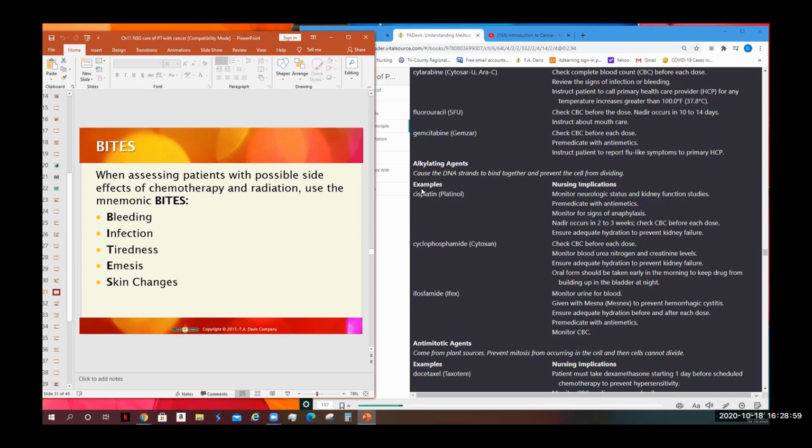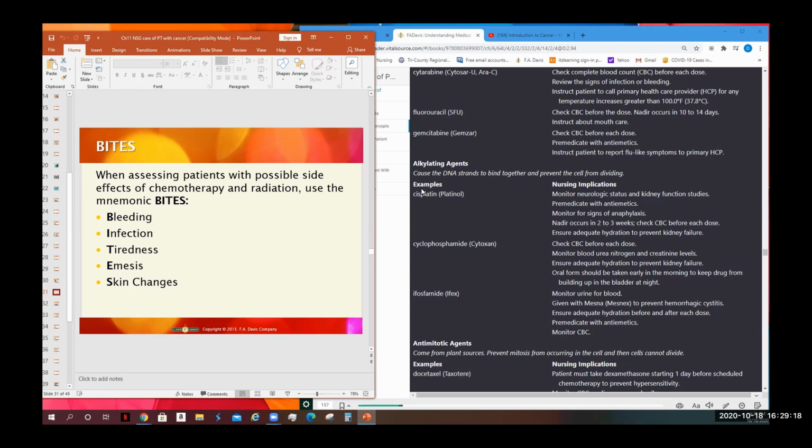You'll pre-medicate with antiemetics, monitor for signs of anaphylaxis, and nadir occurs in 2 to 3 weeks. You will check the CBC before each dose and ensure adequate hydration to prevent kidney failure.